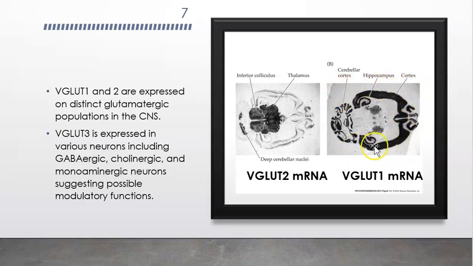The cortex is using V-GLUT 1, the midbrain is using V-GLUT 2 more. You don't need to memorize which parts of the brain. Just know that in the central nervous system, glutamatergic neurons have V-GLUT 1 and 2. We also have V-GLUT 3, which is unique because we find it in non-glutamatergic neurons: GABAergic, cholinergic, and monoaminergic neurons, which suggests there may be some kind of modulatory function of V-GLUT 3 in these other types of neurons.